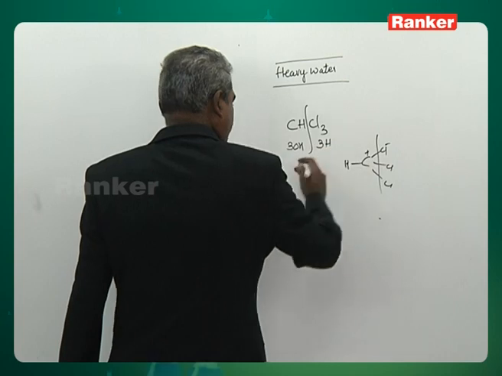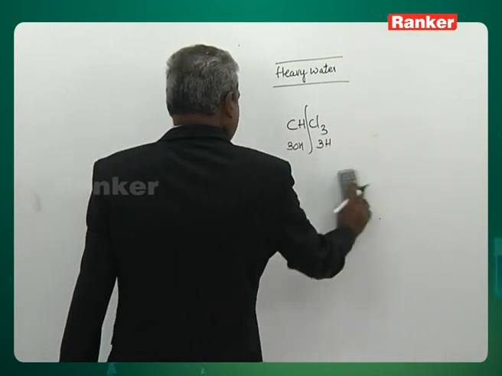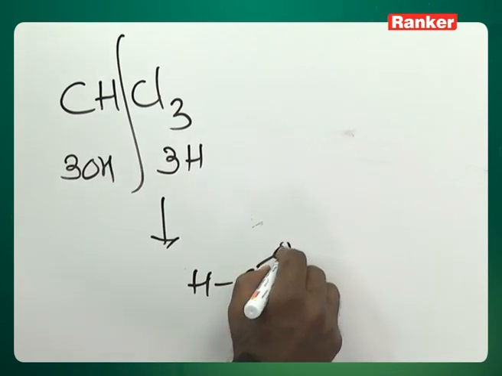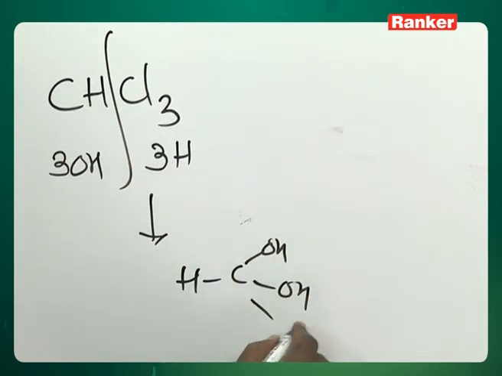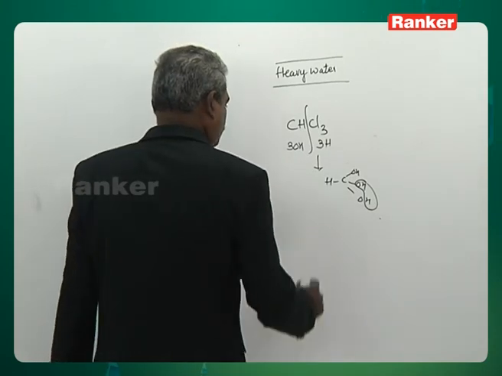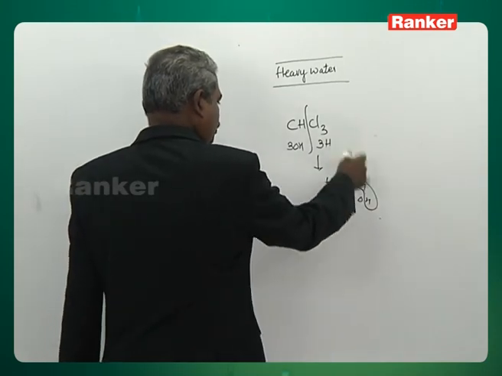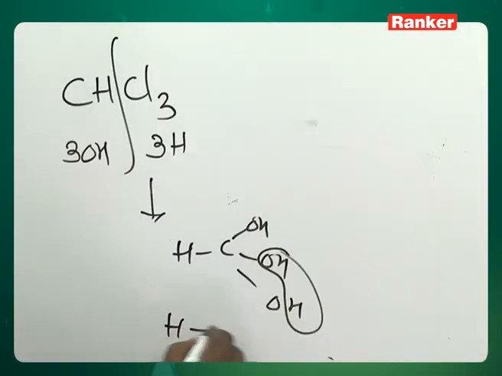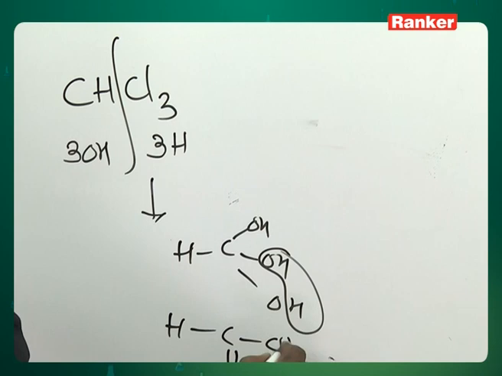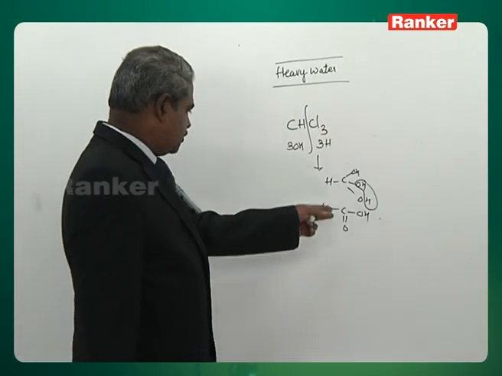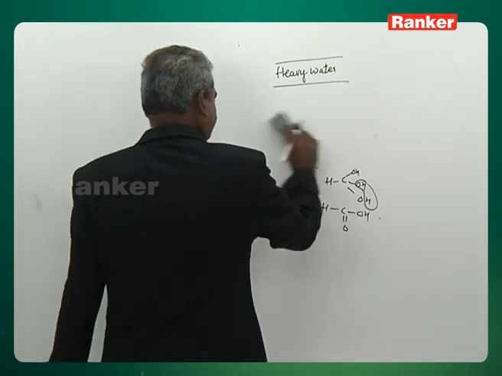H there, OH here. What is it you are getting? HC(OH)3, and water, H2O. So carbon cannot handle 3 OH groups. Carbon can handle only 1 OH. So you have HC double bond O, OH, HCOOH, formic acid. Chloroform on hydrolysis gives formic acid.